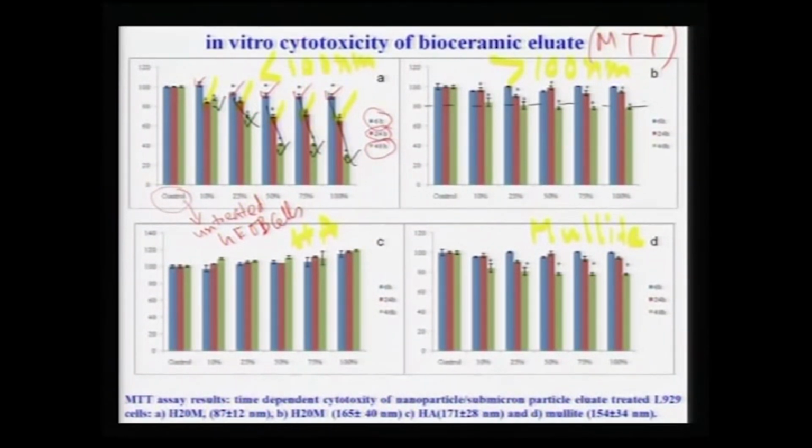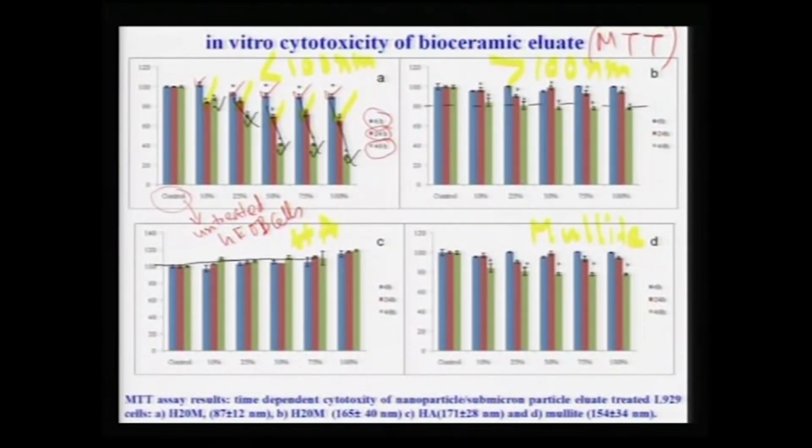So, that means when you are treating the same culture solution with the same cells with nanoparticles less than 100 nanometer, the toxicity is much higher compared to treating with particles more than 100 nanometer size. Is it clear?